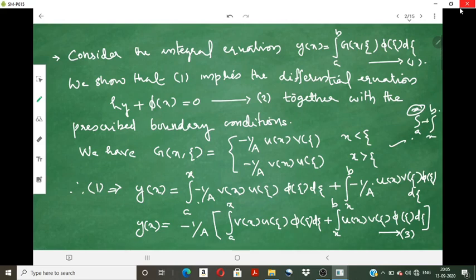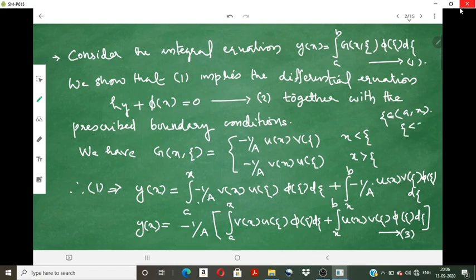In the first integral, from a to x, theta lies in this interval.